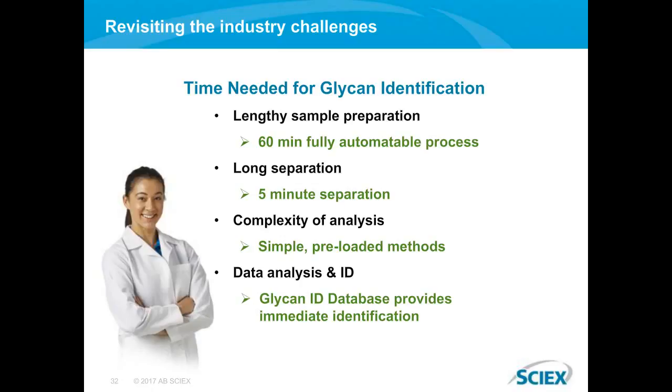The 5-minute separation provided by the kit and the capillary electrophoresis unit gives us a beautiful separation, with very high resolution. Complexity of the analysis is not complex anymore because we have preloaded methodologies. It's just like hit start and it does it. And data analysis and identification, again, is fully automated. It's built into the software that is provided with the kit.